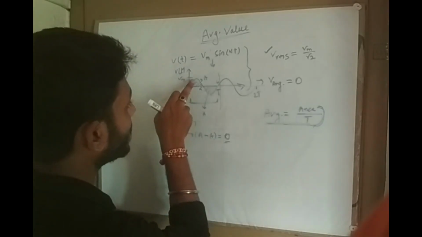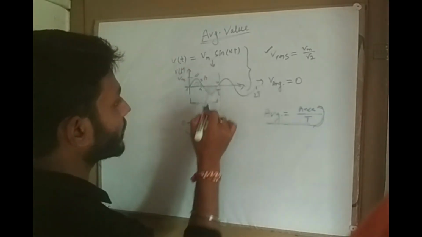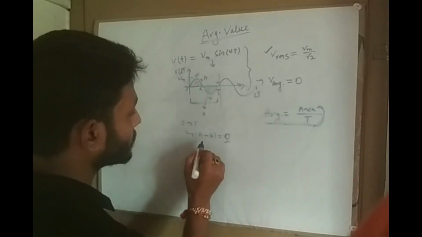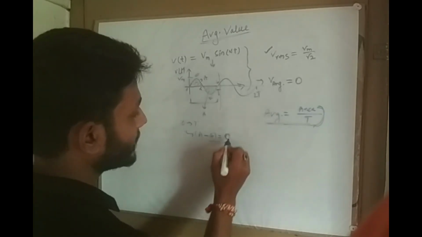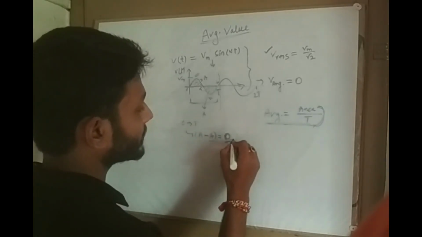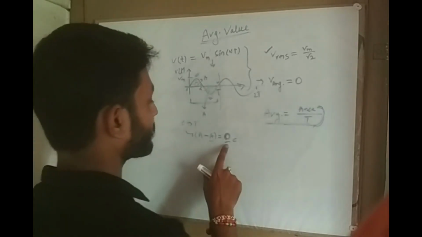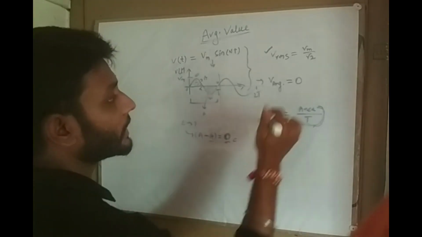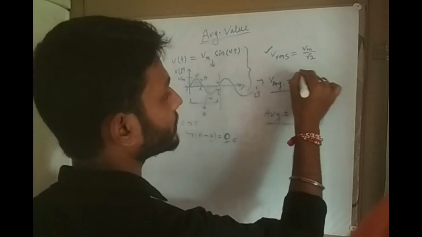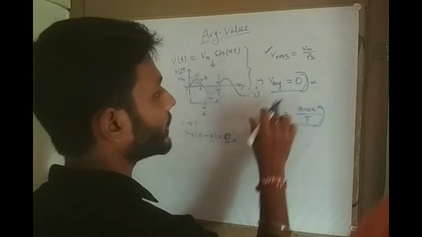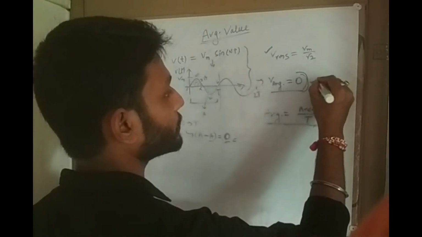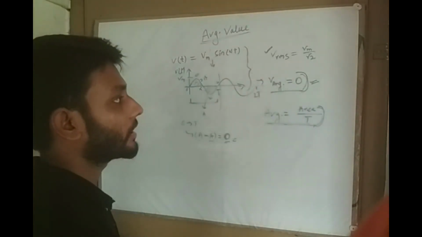This one is positive part and this one is negative part, so they neglect each other and the overall result is coming 0. This is why the average value here is coming 0. You should remember this one for shortcut only.